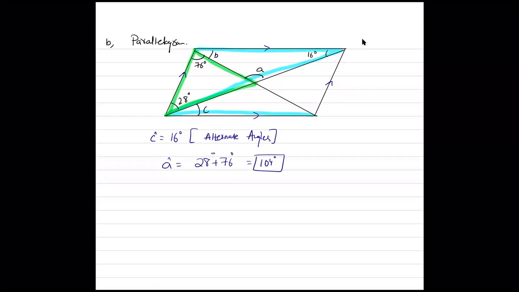अब आपके पास A भी पता है, आपको ये 16 भी पता है. You just need to find this angle B. So angle B plus A plus 16 must add up to 180. Angle A comes out to be 104.